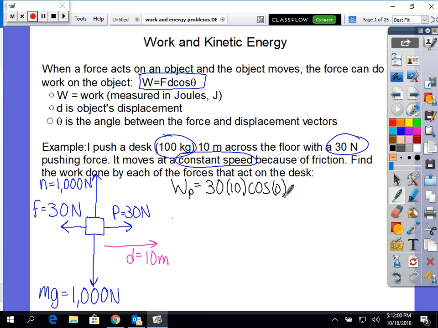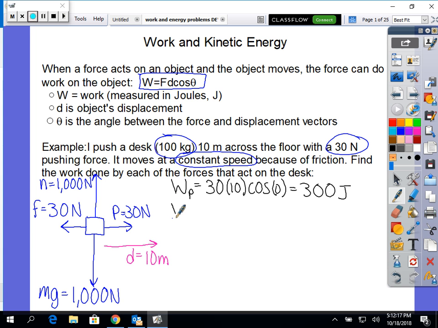And cosine of 0 is 1. So this is 30 times 10 times 1, which is 300 newtons times meters, which gives us joules. So that's the work done by the pushing force.